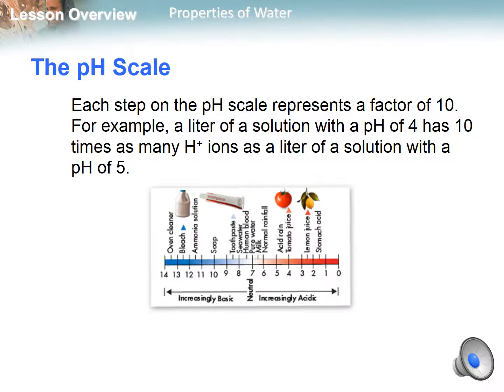As far as the pH scale itself, it's a logarithmic scale, and each number on the pH scale represents a factor of 10. So for example, a liter of some solution that had a pH of 4 would have 10 times as many hydrogen ions as a liter of a solution with a pH of 5.